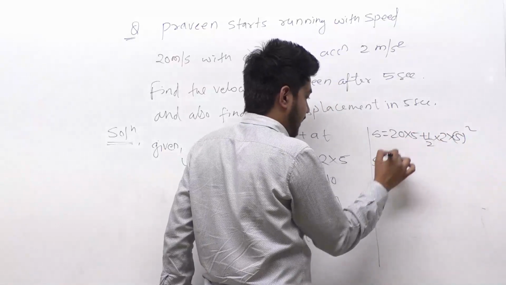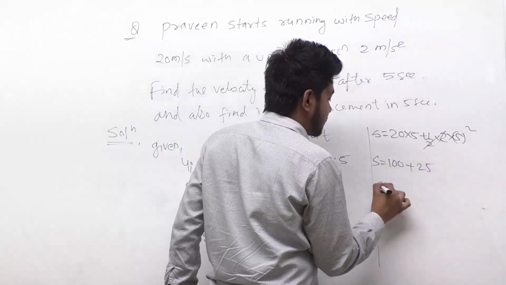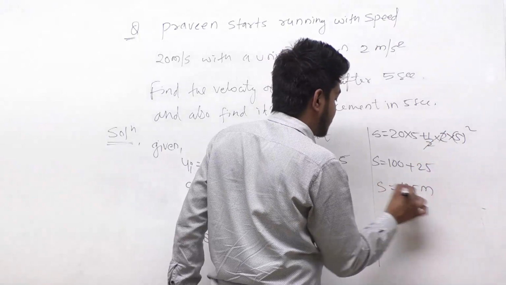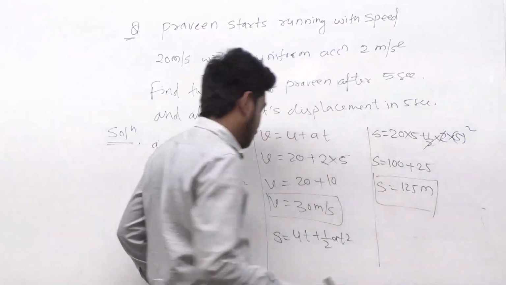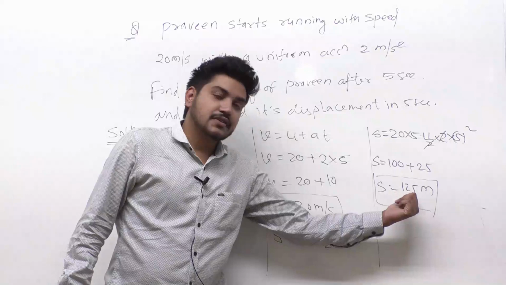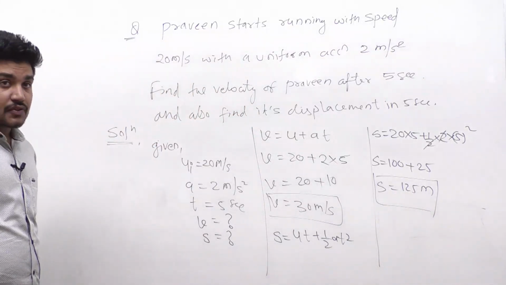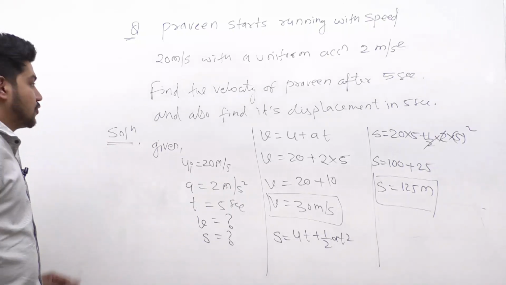So displacement is 5 into 20, which is 100, plus 25. So displacement is 125 meter. So these are the answers of the two questions. Velocity is 30 meter per second and displacement is 125 meter. Okay, so now I am erasing this question and I will give one more similar type of question.